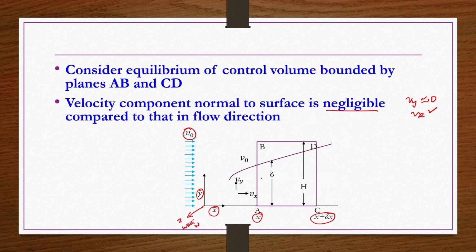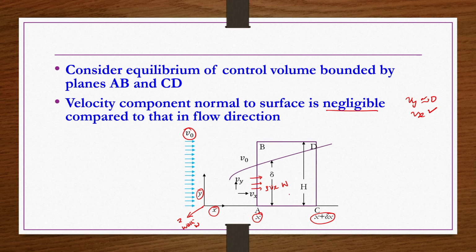Now let us see what the rate of mass in this control volume is. Let us say face AB is the inlet face of the control volume. That is nothing but rho Vx multiplied by the width multiplied by the area in the z direction. Since we are taking flow in the x direction, normal to x are the z and y directions. In the z direction the width of the plate is W, and in the y direction it is the height of the control volume, h.